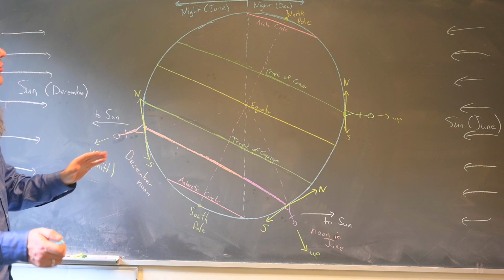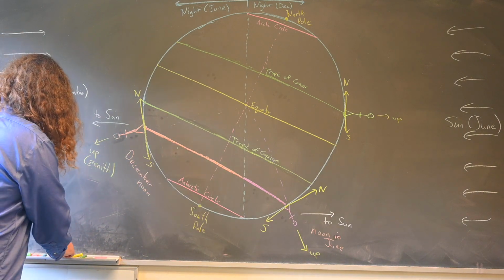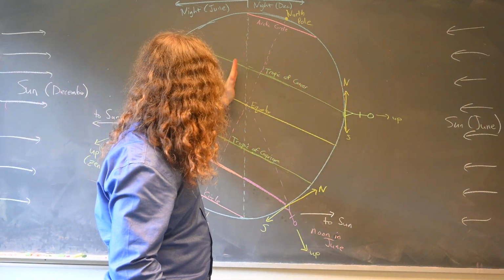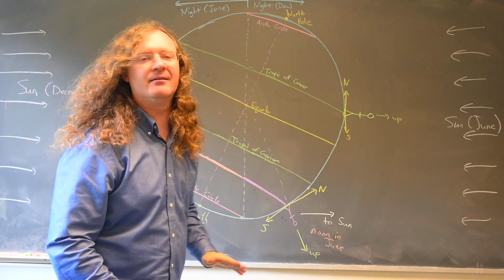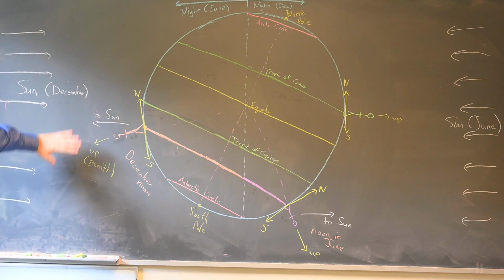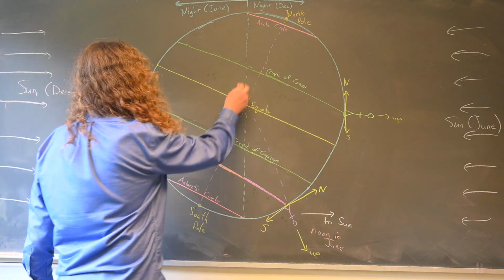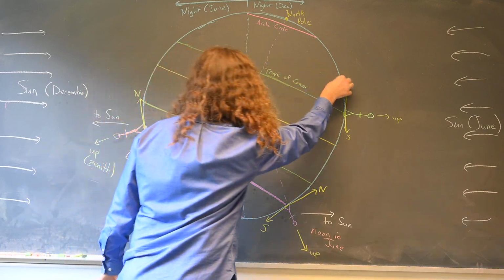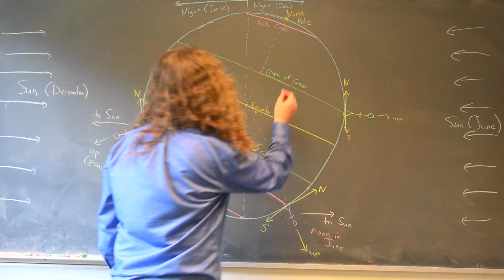If I'm never going to see the sun, I need to spend all of my life on this side of the Earth, right? So if I'm never seeing the December sun, my entire path over the day has to be on this side.